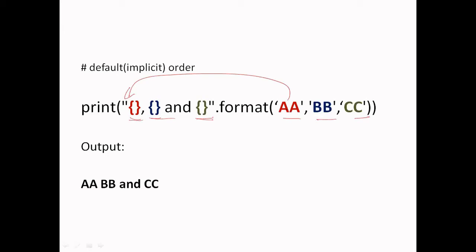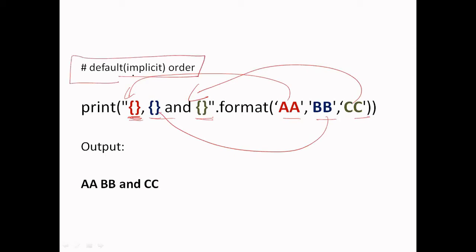So this value double A will be written here, then double B here, and double C here. This is called implicit order. That means it follows a default order, the order in which they appear in the format method. So this is the answer.